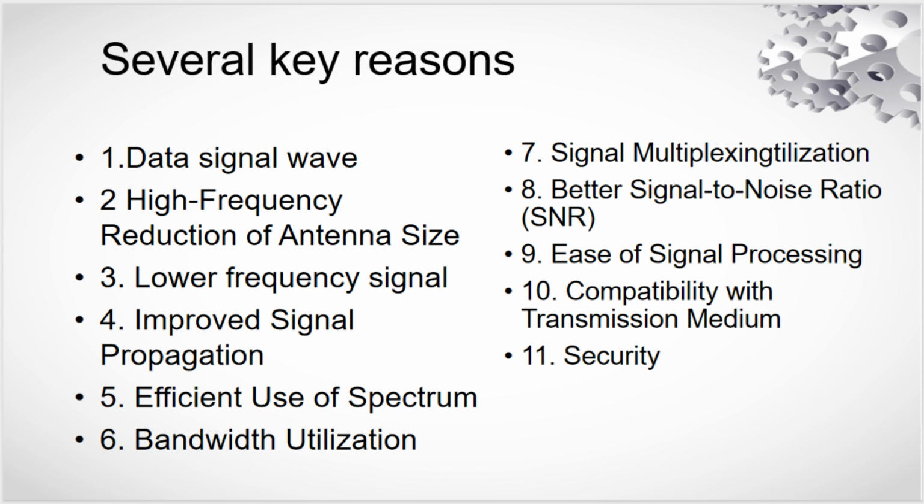By modulating a low frequency baseband signal onto a high frequency carrier, the physical size of the antenna required for transmission and reception is significantly reduced, making it practical for use in consumer devices like radio, TV, and mobile phone.